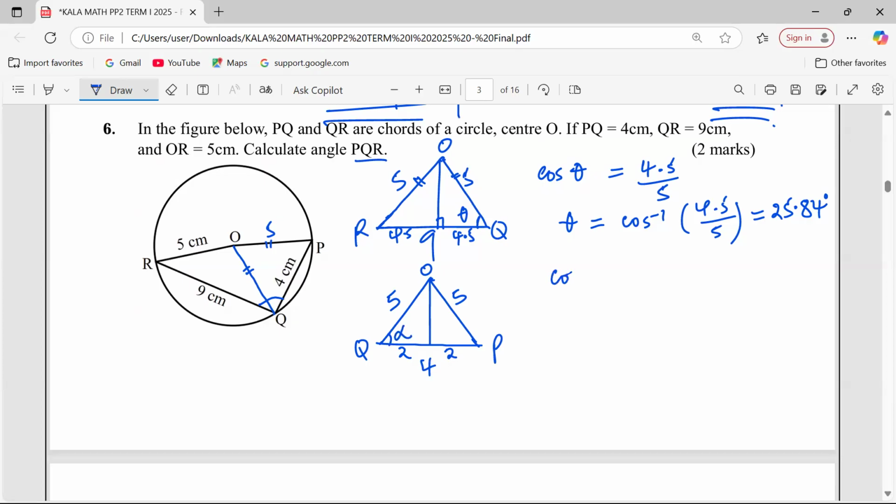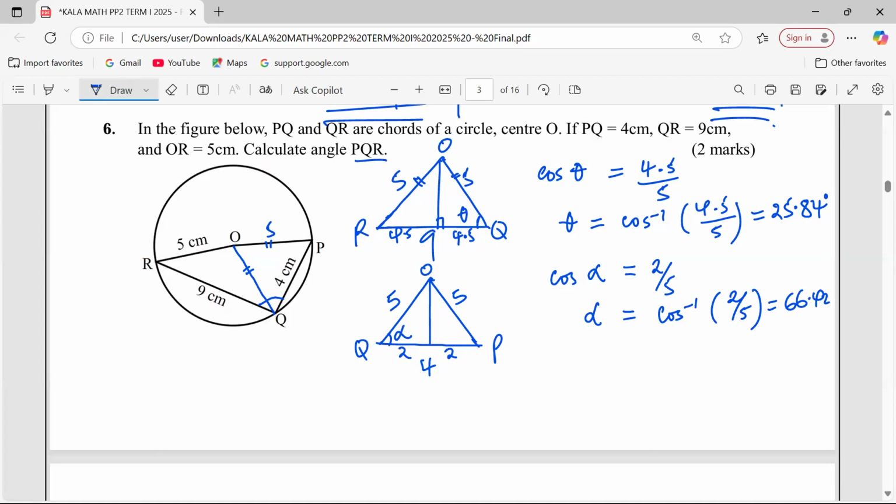So the cosine of alpha will be given by adjacent out of hypotenuse, meaning that for me to get alpha, I need the cos inverse of 2/5. This shall be shift cos 2 over 5. And this gives me 66.42 degrees.